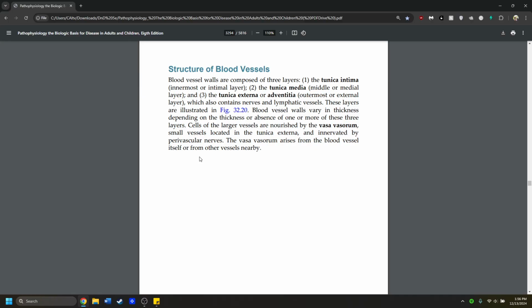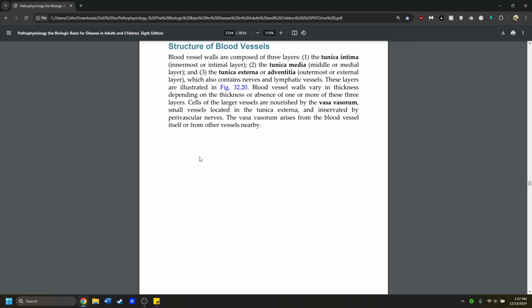Cells of the larger vessels are nourished by the vasa vasorum, small vessels located in the tunica externa, and innervated by perivascular nerves. The vasa vasorum arises from the blood vessel itself or from the vessels nearby.